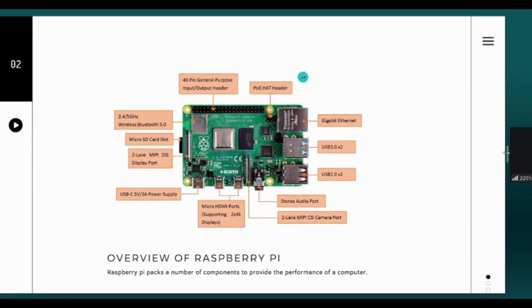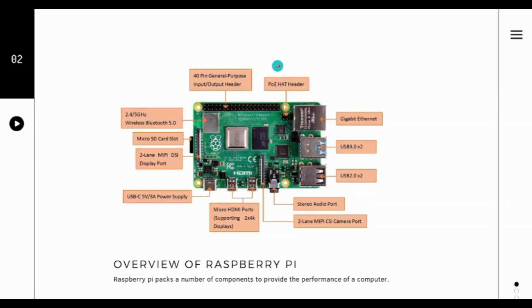Then there are these PoE headers. These can also be used to power the Raspberry Pi, and there is a gigabit Ethernet port where we can connect Ethernet to the Raspberry Pi, and also USB ports, and a stereo audio port which we can use to connect audio output.